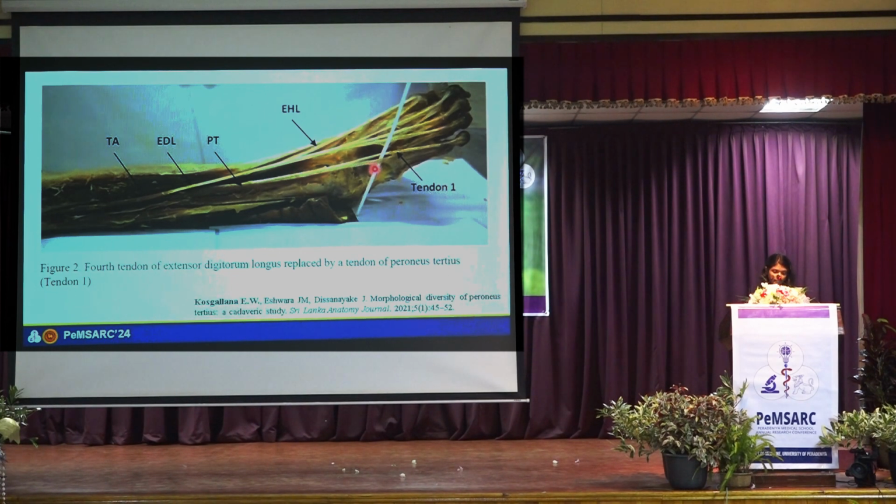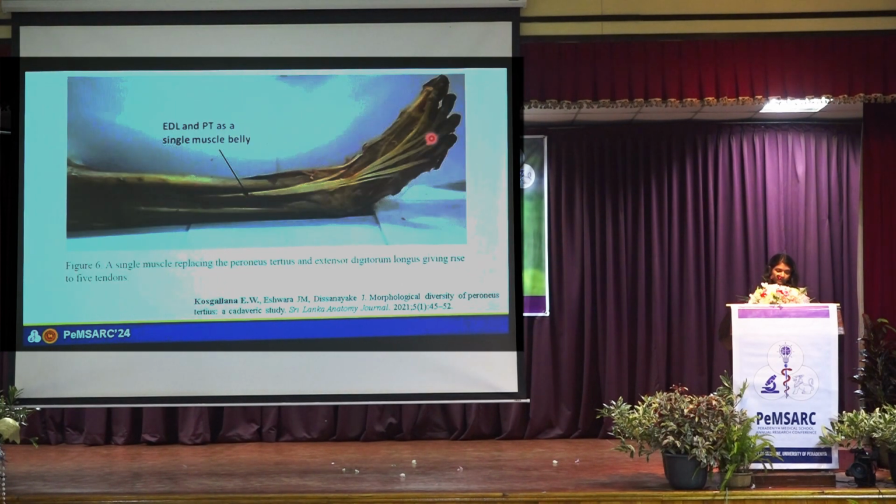Its usual distal attachment to the head of the metatarsal bone, as well as a tendon to the fifth toe here. Right? Then the extensor digitorum longus had only 3 tendons to the middle 3 toes. So the lateralmost tendon of the extensor digitorum longus was replaced by a tendon from the peroneus tertius.